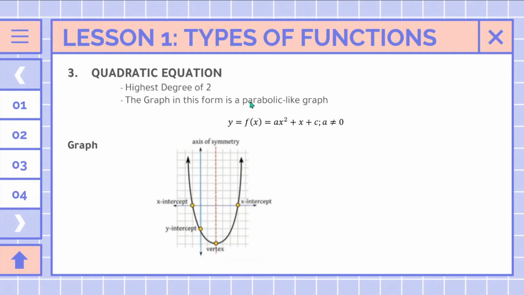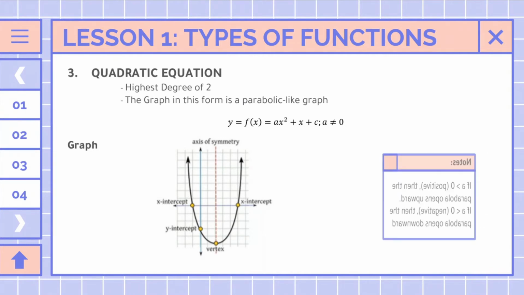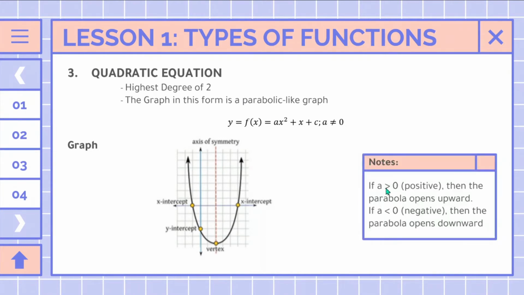Then, the graph in this form is a parabola. So, another note is, if a is positive, then the parabola opens upward. If a is negative or a is less than 0, then the parabola opens downward.